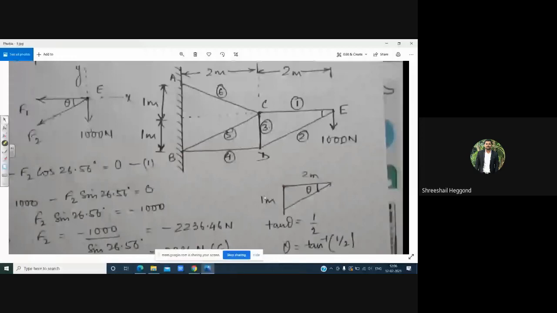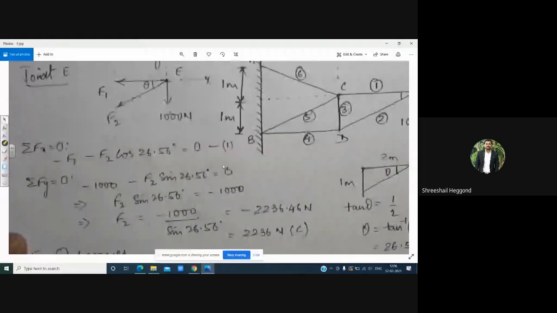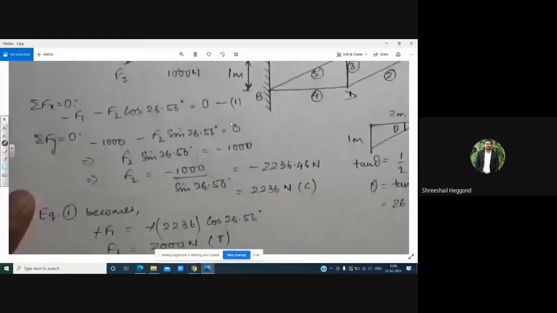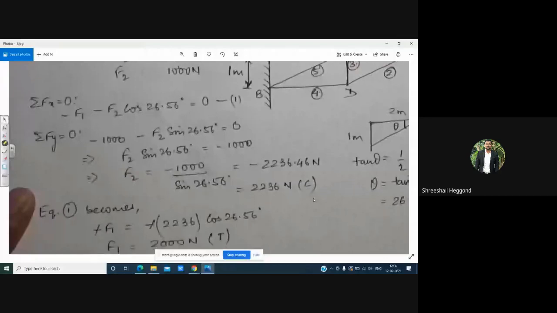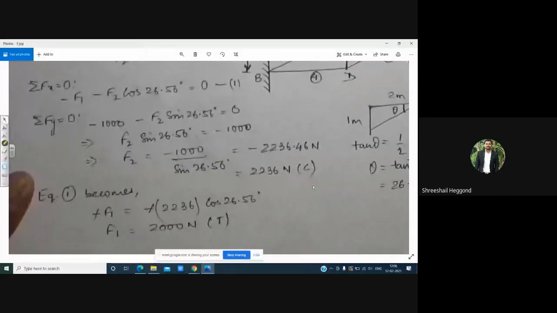For F1 and F2, F2 is 2236 N in compression. Initially we get a negative value, and then we substitute it back into equation number 1. So F1 will be 2000 N, that is in tension, a positive value.